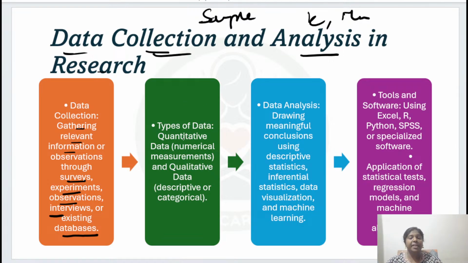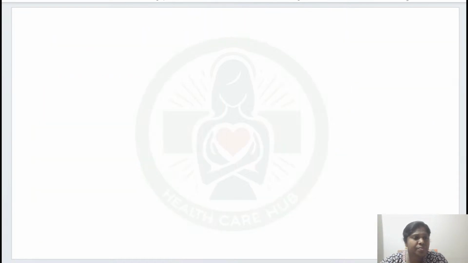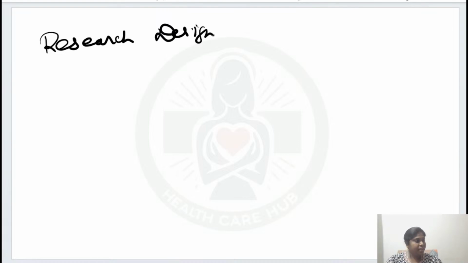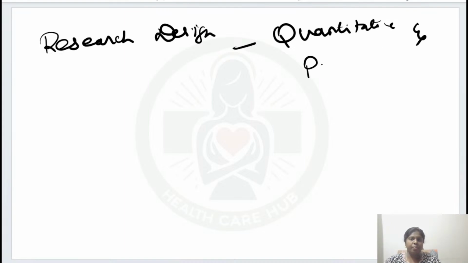And the types of data we have here are quantitative. If you look at the research design, there are especially quantitative and qualitative.